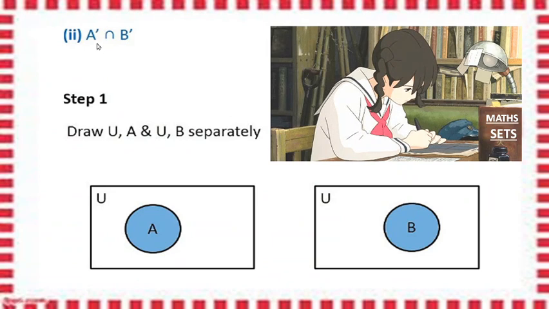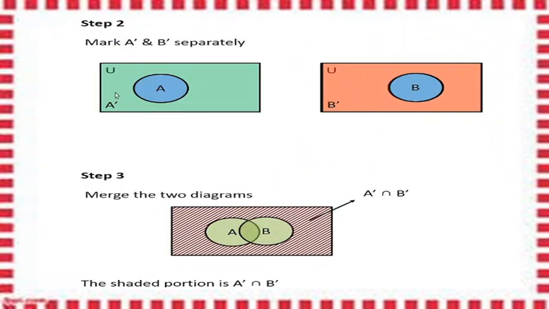Second part, A complement intersection B complement. So first of all, for understanding purpose, let's make set A and the universal set, set B and this universal set. Now we have to take their complements. Complement means we have to leave this set A and this outside area we have to include.